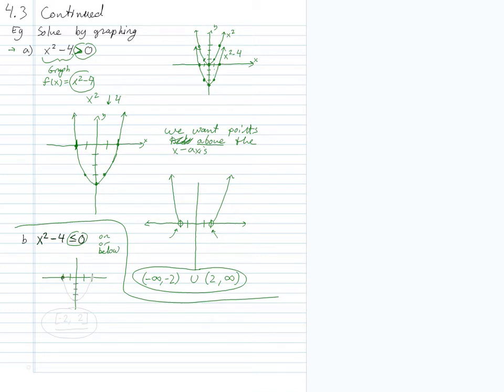So those points, negative 2 and positive 2, 0, and everything in between, that's the part of the graph that we like in this case, and the domain of that part is bracket negative 2 to 2, including both endpoints.